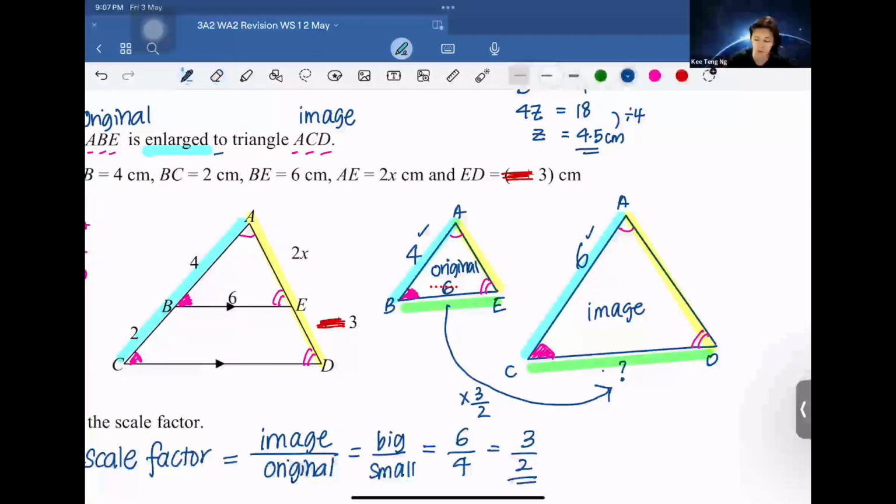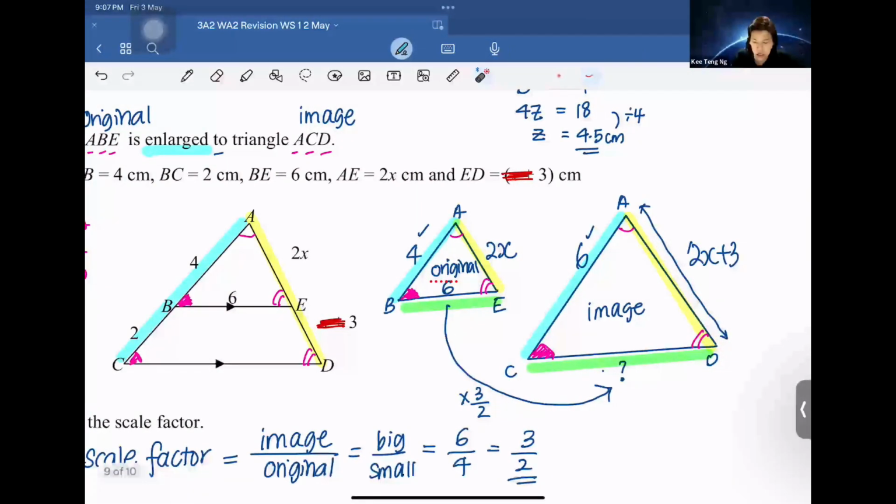Okay, there is an error in the question. So this one is 2x, and this whole length over here will be 2x plus 3 cm. Sorry for the mistake. I think when I said the question, I might have made a typo. So the smaller one over here will be 2x, and the bigger one will be 2x plus 3.